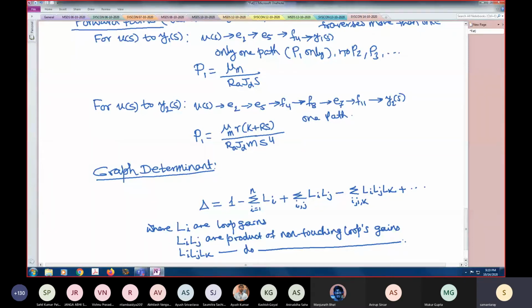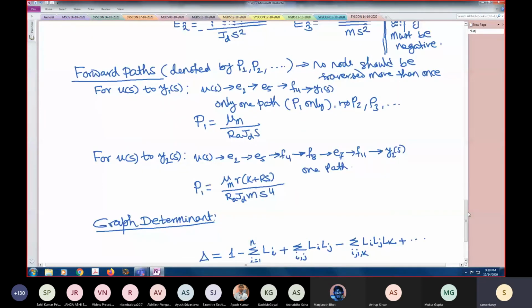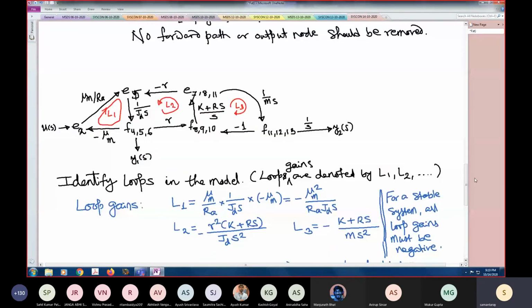So what is delta for this graph? Let's go to our signal flow graph. We have L1, L2, L3, 3 loops.